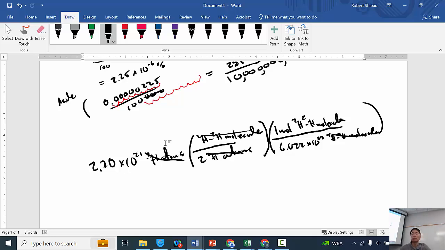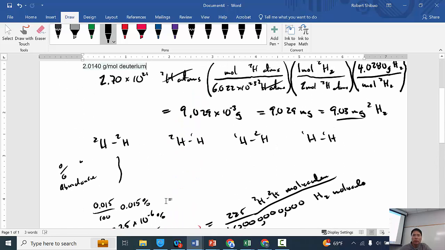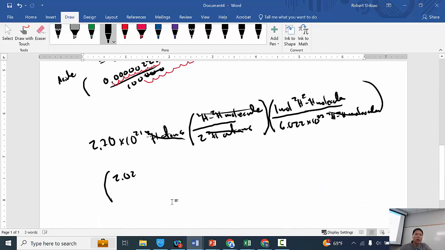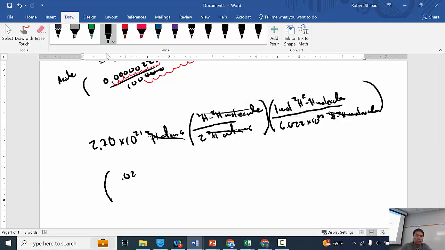Grams? Okay, I could go to grams, and so it was 2.0280, was that correct? Let me scroll up. No, 4.0280, sorry. 4.0280 grams of H2 per mole of H2.